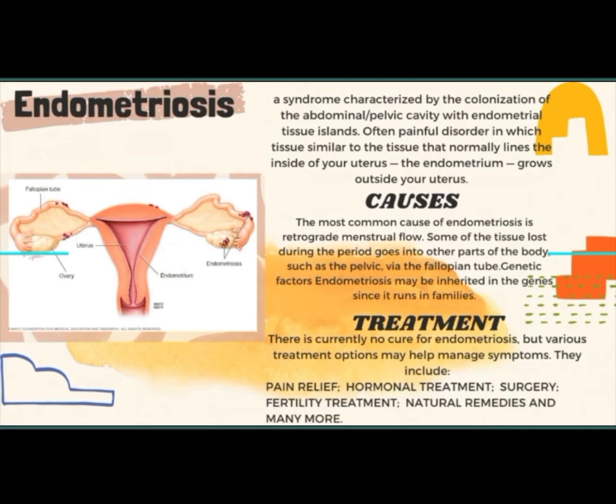Some of the tissue lost during the period goes into other parts of the body, such as the pelvis, via the fallopian tube. Genetic factors: endometriosis may be inherited in the genes since it runs in families. There is currently no cure for endometriosis, but various treatment options may help manage symptoms. They include pain relief, hormonal treatment, surgery, fertility treatment, natural remedies, and many more.